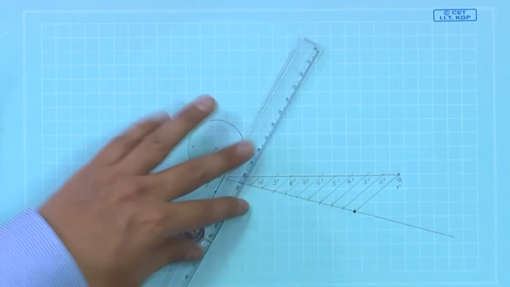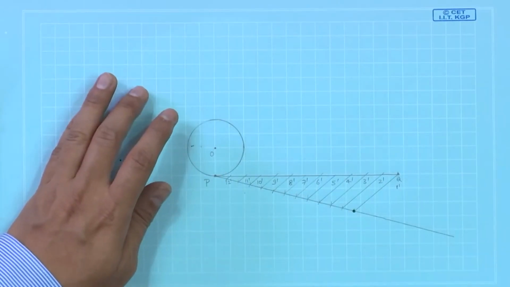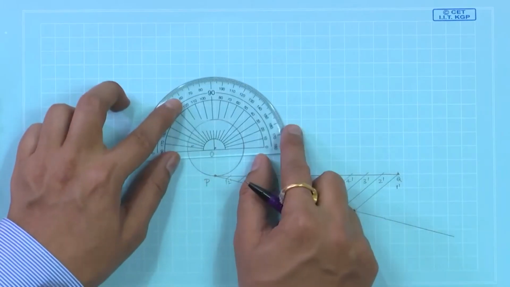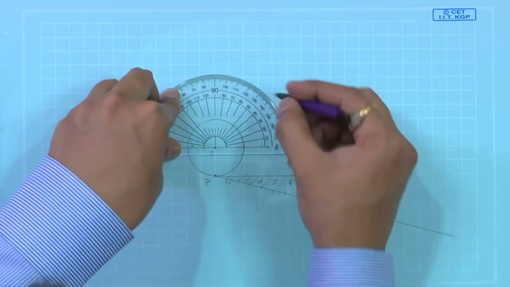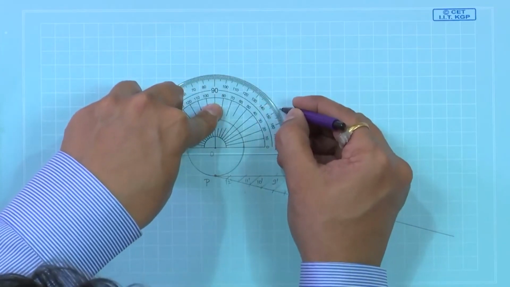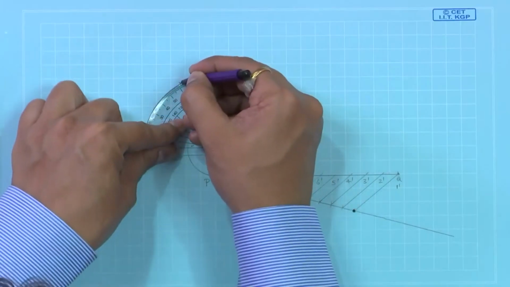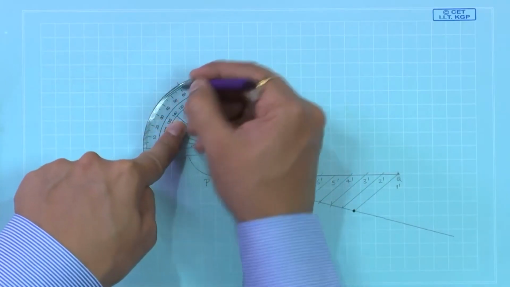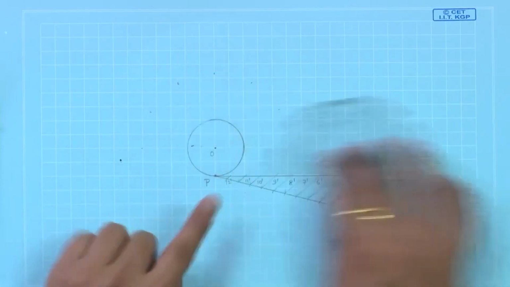Now, the circle also has to be divided into 12 equal parts. We can use our protractor for this. So, we should be in a position to construct 30 degree angles: 30, 60, 90, 120, 150, 180.